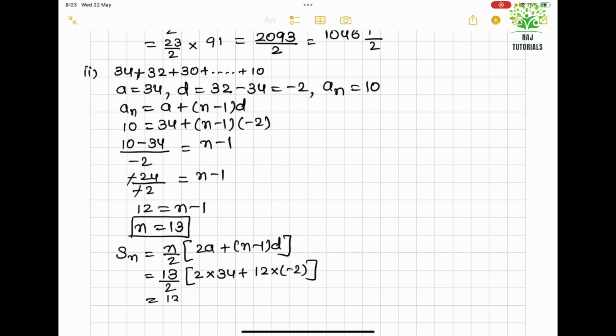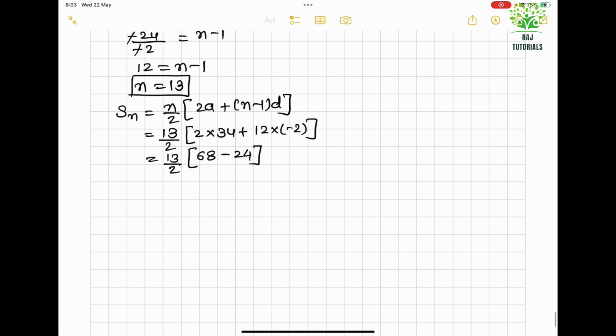So 13 by 2 into 68 minus 24. So that will be 13 by 2 into 44, which is 286.